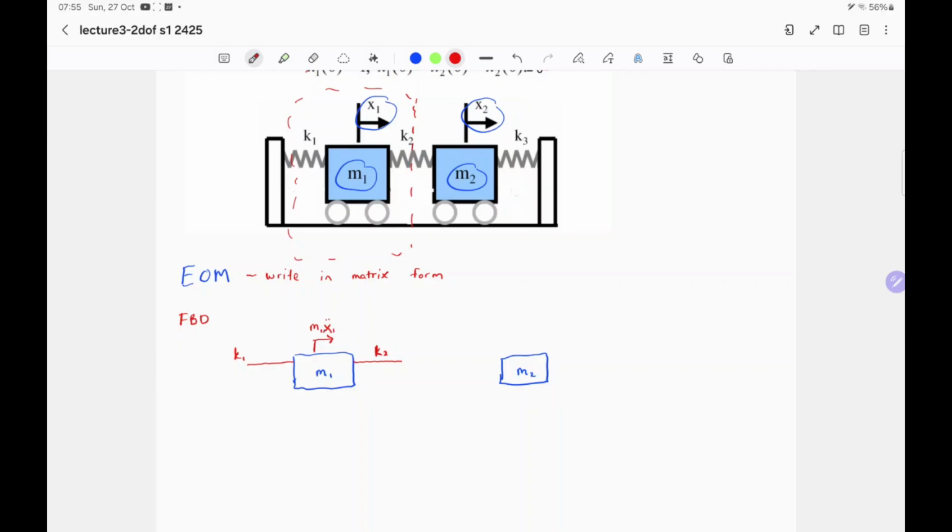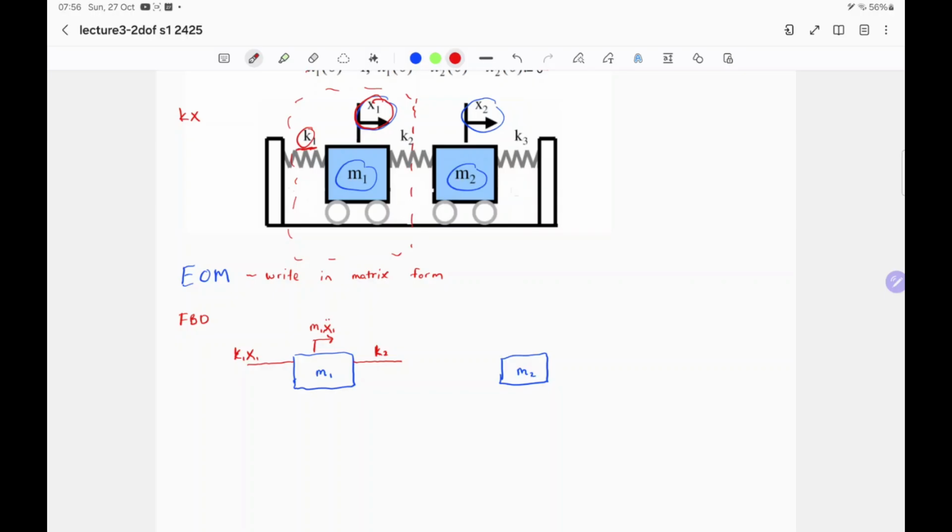From a single degree of freedom system, we know that K will be coupled with x, so we know that Kx is the reaction force. So K1 will react with x1, and this will become K1 x1.